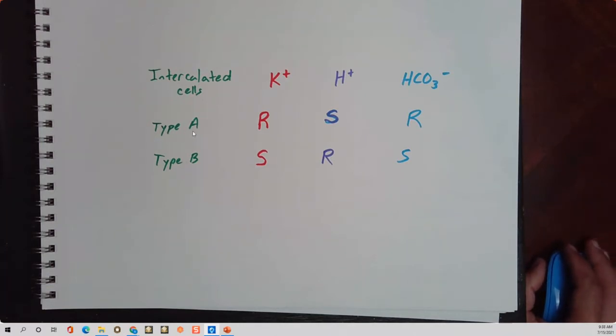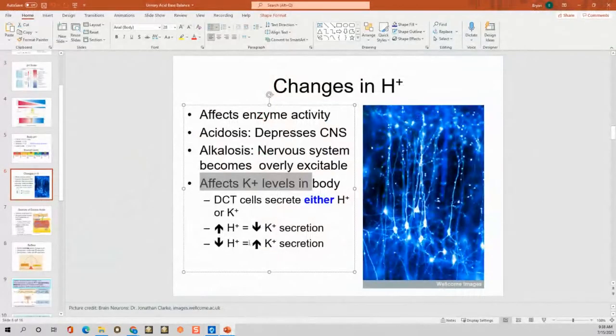And what else are type A intercalated cells doing? As long as these type A intercalated cells are functioning, they are reabsorbing potassium. So what's starting to happen to the blood potassium levels? Increase, decrease, no change. The more hydrogens we have in the system, the less hydrogens we secrete. The more hydrogens are in our blood, and we start getting hyperkalemia.